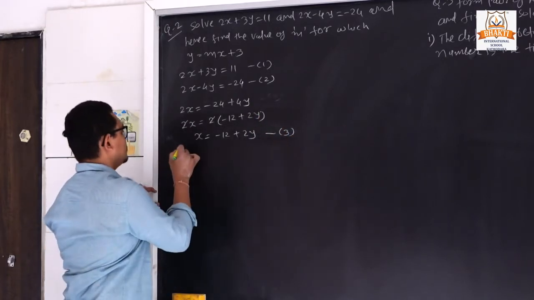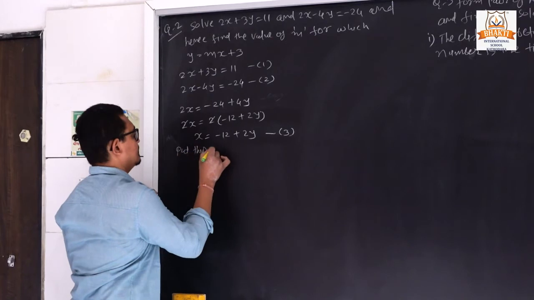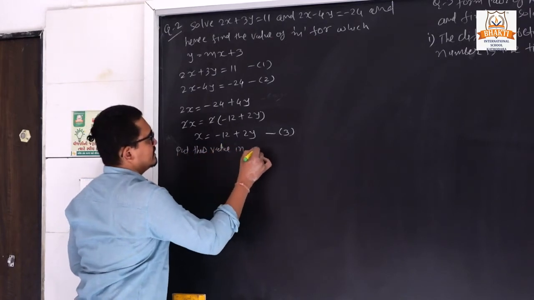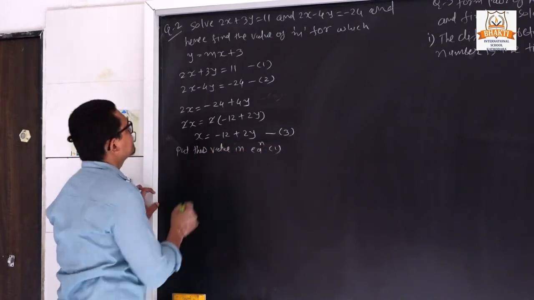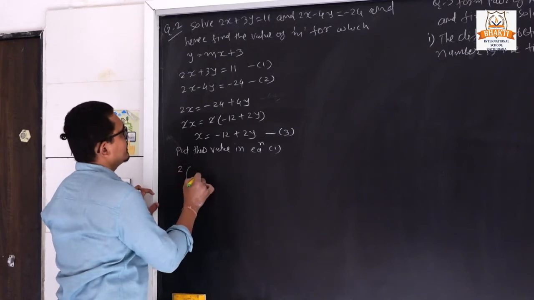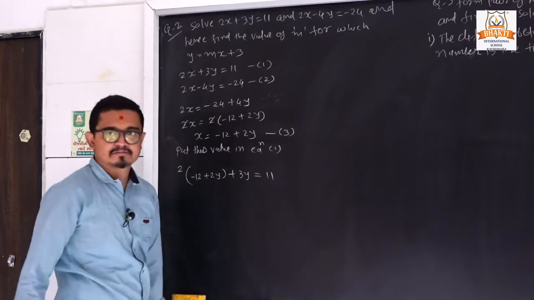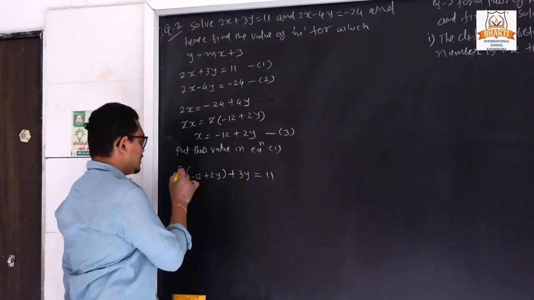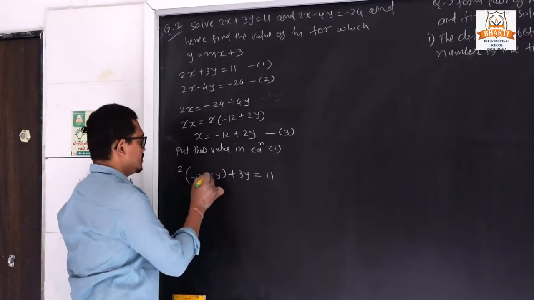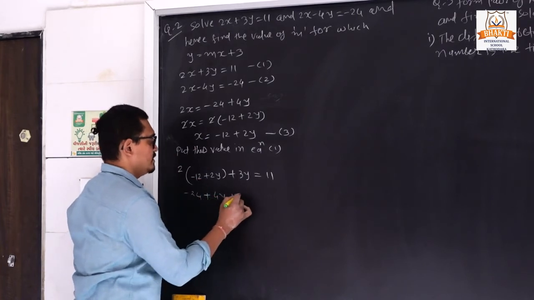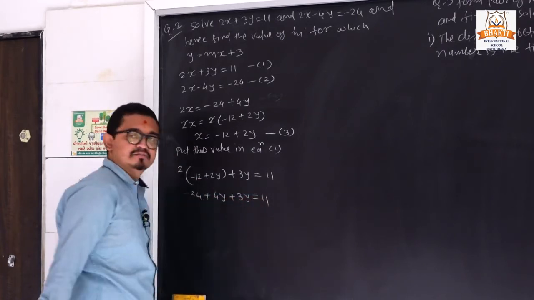Now put this value in equation number 1. So 2 in bracket minus 12 plus 2y plus 3y is equal to 11. So 12 2's are 24, 2 2's are 4y plus 3y is equal to 11.